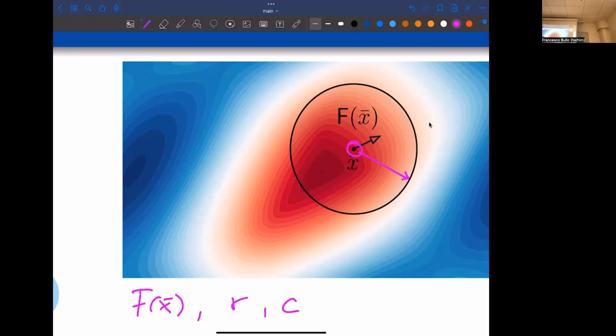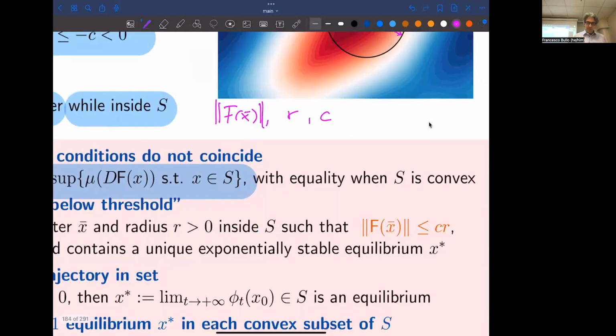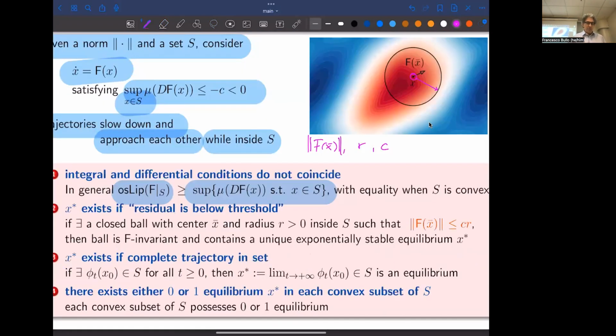In fact, I don't care about the f, I care about the magnitude of f. If the magnitude of f is relatively small compared with the radius, the larger the radius, the better it is for me, right? And also the larger the contraction rate. Does that make sense? Well, that's exactly the little theorem.